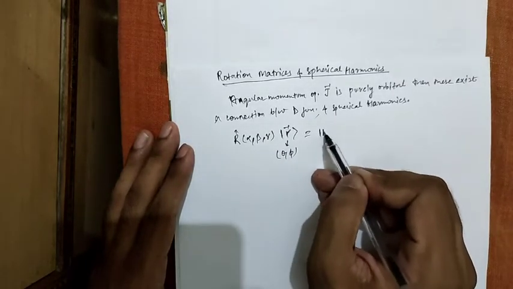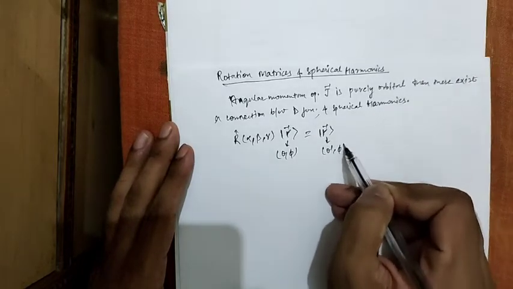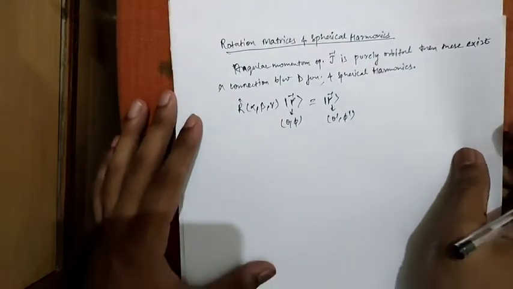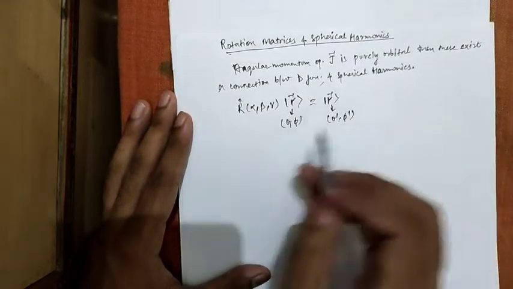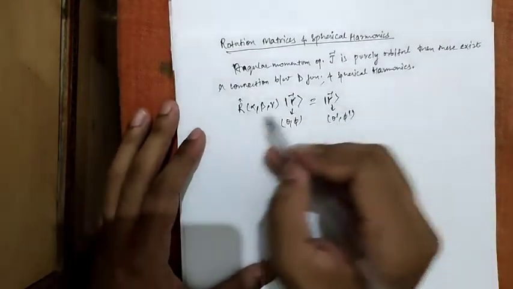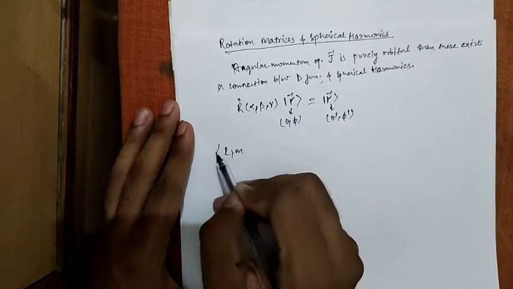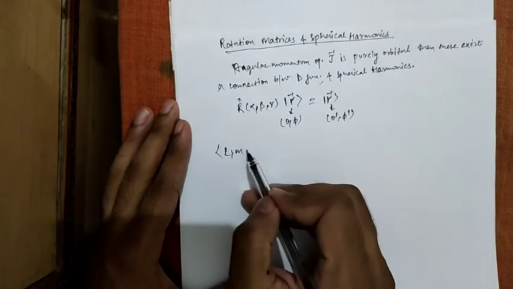It gives us another vector which is pointing in the direction of theta dash and phi dash. Now, expanding this rotation operator in terms of lm. Why am I expanding this in terms of lm? You will know soon.